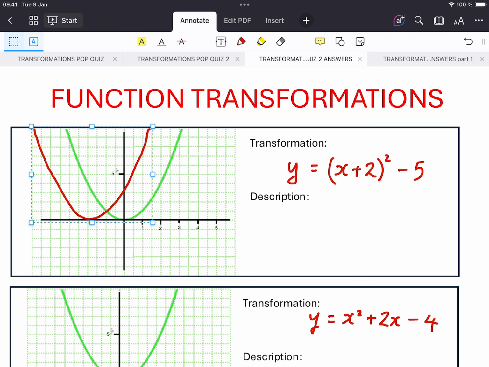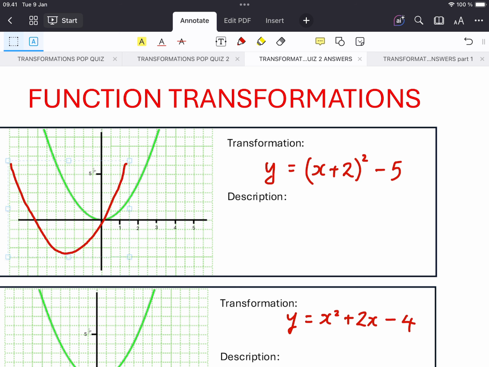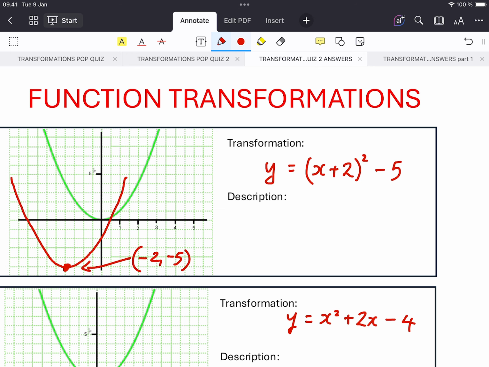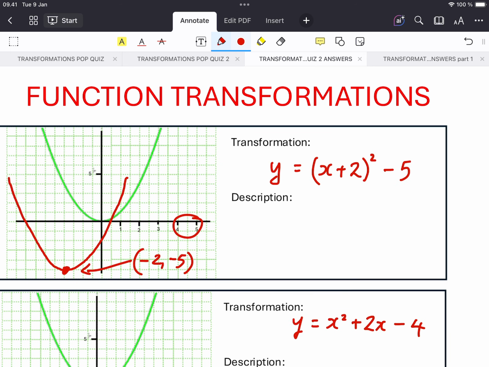And then the -5 there is going to make it go 5 units down. 1, 2, 3, 4, 5. So it's going to bottom out here at the point (-2, -5). Bear in mind I'm not using the same scale horizontally as I am vertically. Different numbers of squares for 1 unit.